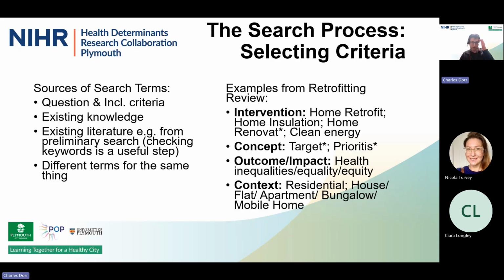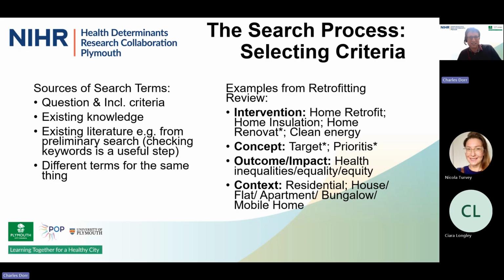This is just the example from our own retrofitting review, more for people watching this. So we had terms based on the intervention: home retrofit, insulation, clean energy. We had a concept, so what is it that we want to find out about those interventions? In this case, it's how they targeted, how they prioritized.